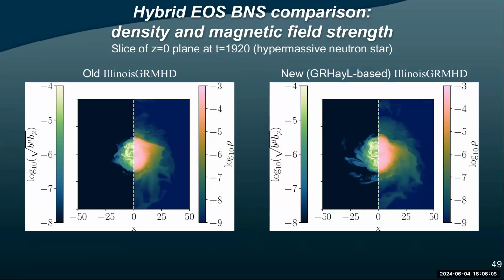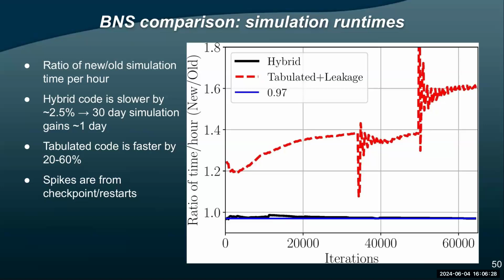Once we get into the hypermassive neutron star, they still look roughly the same. The stuff out here is mostly atmosphere still at this point, I think. You'll see some wisps, but I don't know how significant the differences are out here for the evolution.